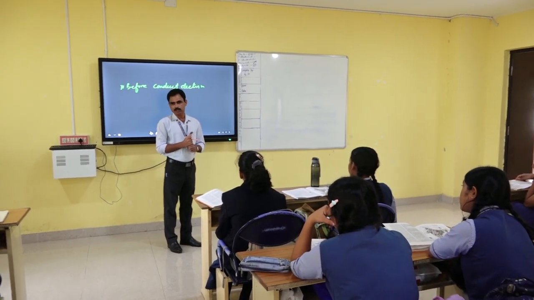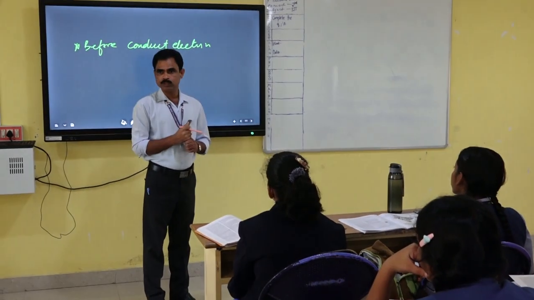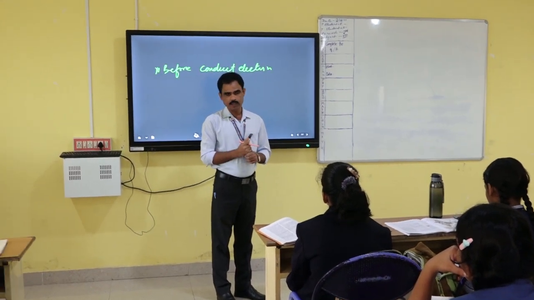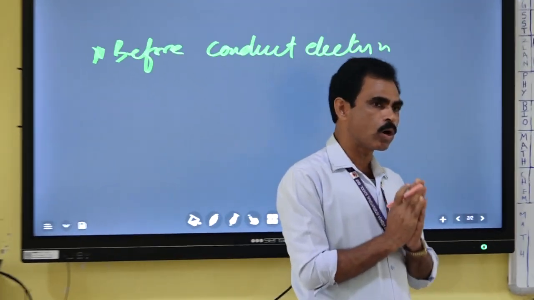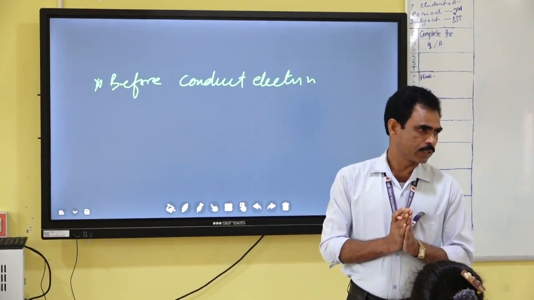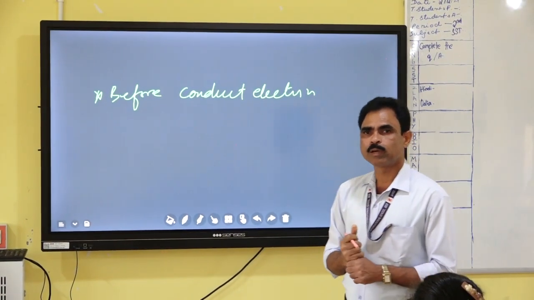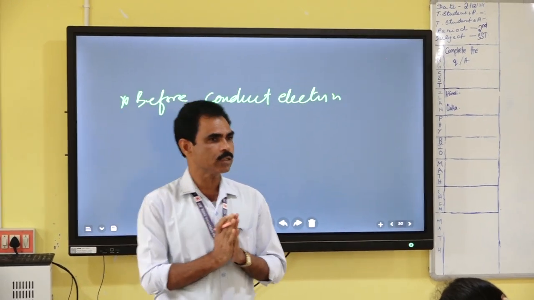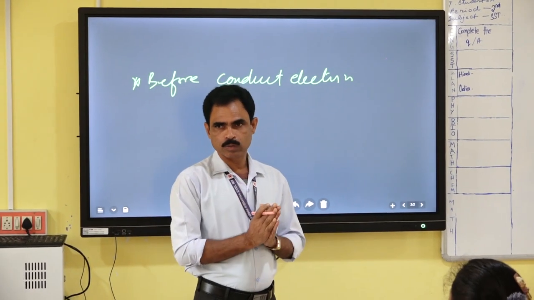Those who have reached the age of 18 years, their names are added, and for those people who have died, their names are deleted. So this is called the voter list commonly, but officially this is called the electoral roll.